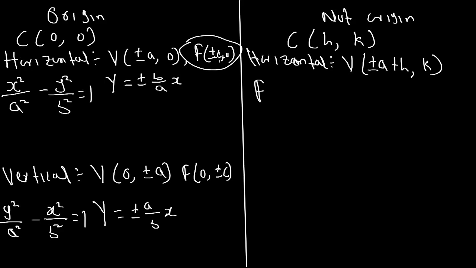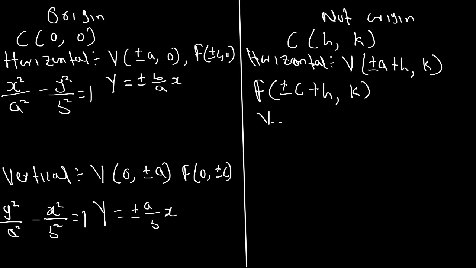But since this one is not at the origin, just take this value that is highlighted and add the center to it. Simple as that. So that will be plus or minus c plus h, 0 plus k is still k. Simple as that. Are we together? Perfect.